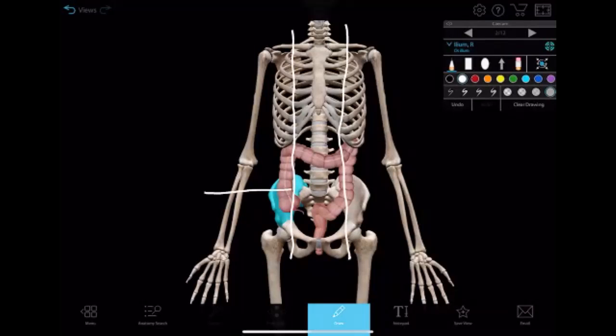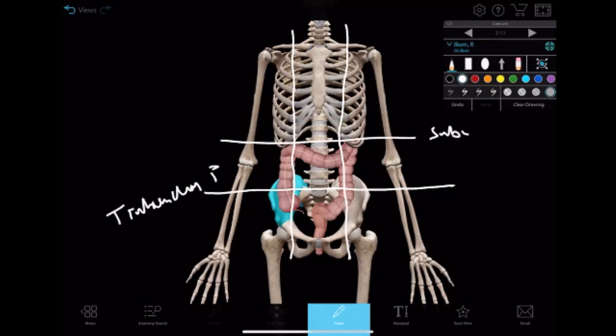And this one, the transtubercular plane, because of the tubercle of the ilium, and this one being the subcostal plane. These are the imaginary lines.